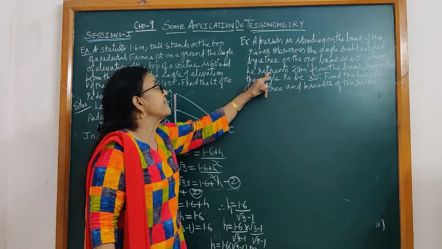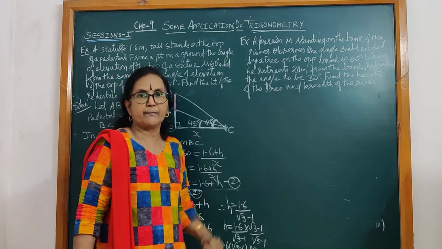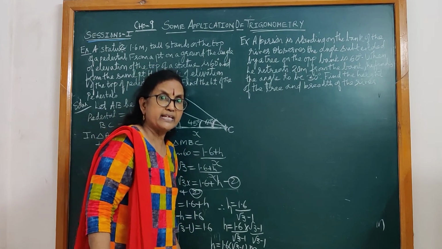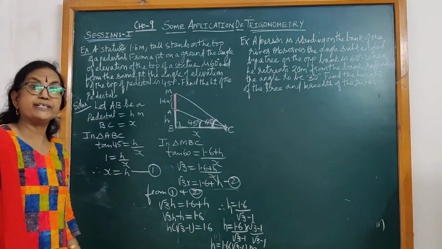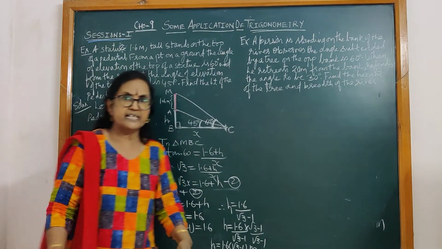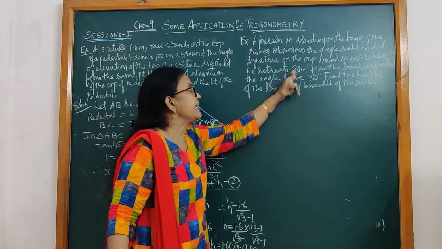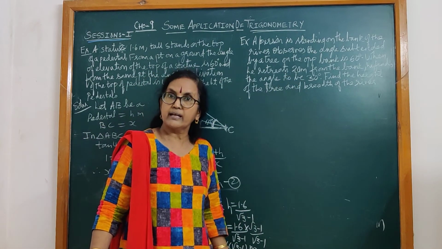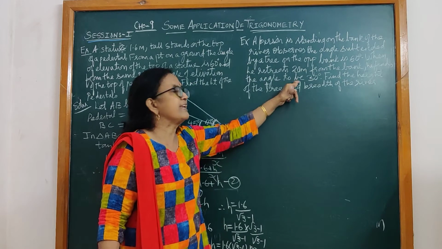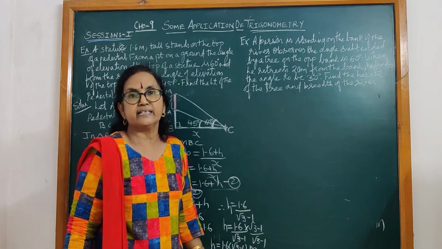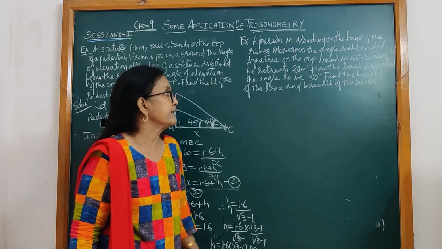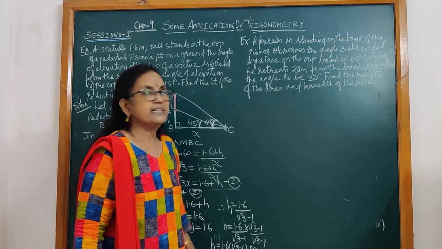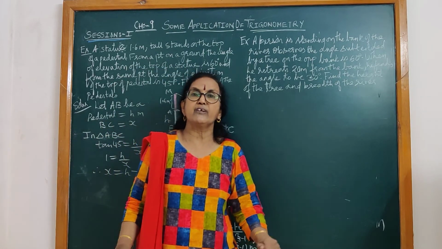Now he retreats 20 meters from the bank. Retreats means he is going away from the bank, 20 meters traveling back. And then again he is observing the tree from there and the angle of elevation is 30 degrees. Find the height of the tree and the width of the river.